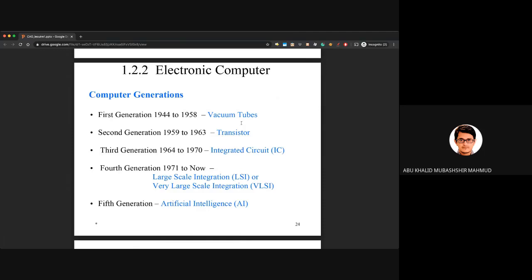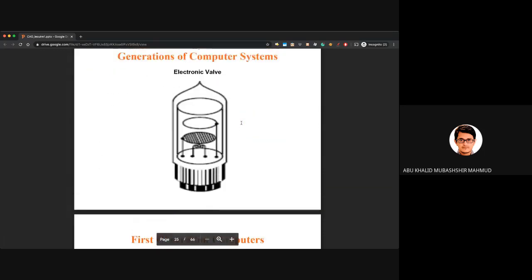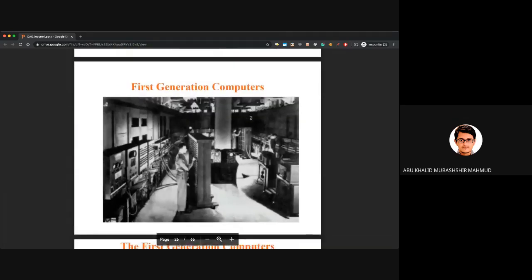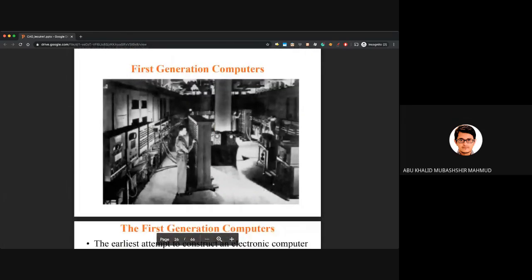These vacuum tubes were these electronic valves. Now here we can see a picture of a first generation computer, and from here we can see that it is a very large machine operated by several human beings at a time.